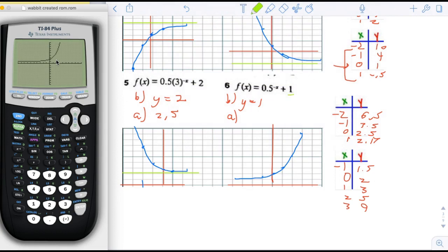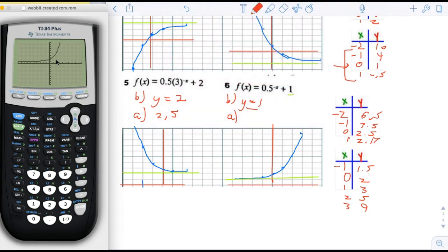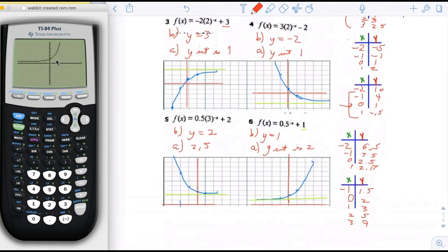It's there, positive 1. So it's y equals 1, right? We already knew that. And what is our y-intercept? It's 2, right? 0, 2, so it's 2. The y-intercept is 2. Okay, so that is it for page 3.